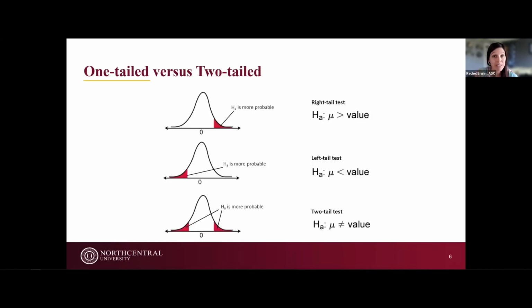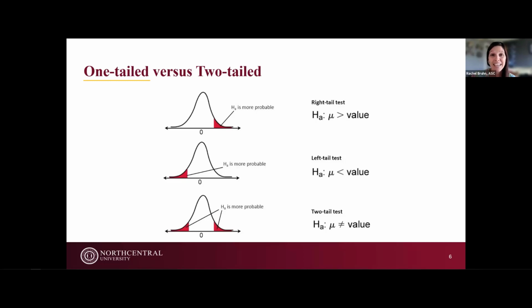So I told you I was going to talk about one tail, two tail, and that's where this comes into play. So when we have a one-tailed test, we're making a directional prediction. So you can see here, where they're talking about mean is greater than or mean is less than. I like these. Unfortunately, you guys learn to write these in sentences, and I'll tell you what this sounds like in a sentence. But I really love when they're written in notation because all you have to do is look at it.